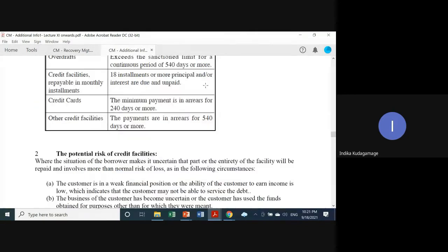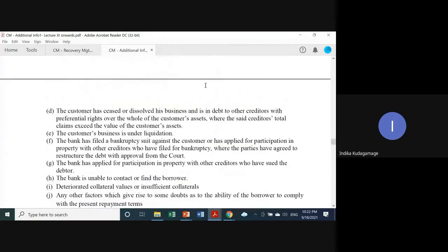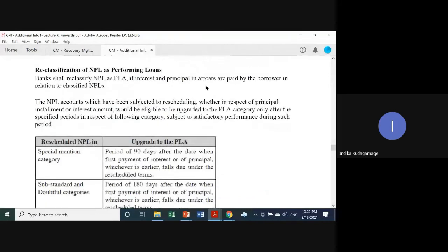Then when we want to reclassify, a customer goes to NPL, and if he settles all the arrears at once, immediately it becomes performing, right? If a customer settles the entire arrears at once, the customer becomes performing.